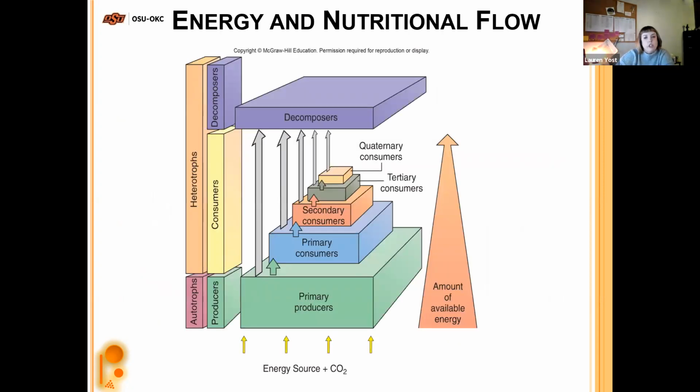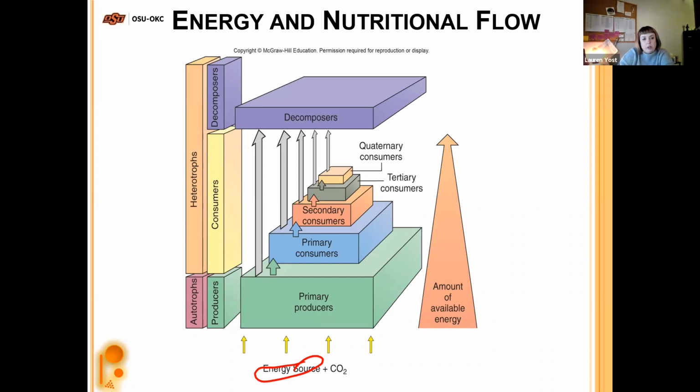So this is how energy flows within these systems. It always starts with an energy source, and we're going to talk about there are different ones. It doesn't have to only be light, but typically we're talking about light, like photosynthesis, photoautotrophs, okay?